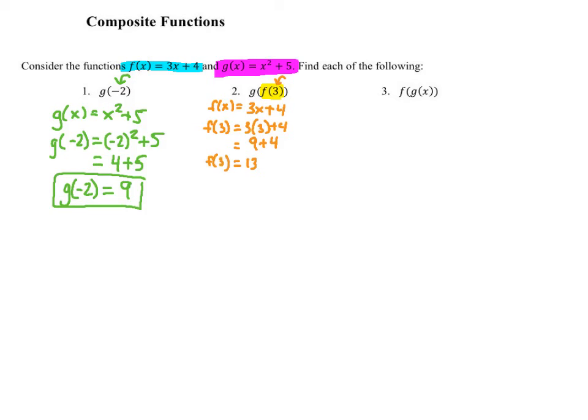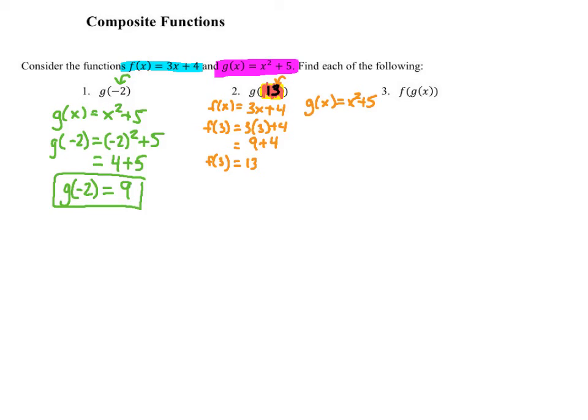Now what I'm going to do is substitute that f of 3. f of 3 disappears, and that now becomes the 13. So now, as you can see, I have g of 13. So I'm going to bring down that g function. So g of x equals x squared plus 5.